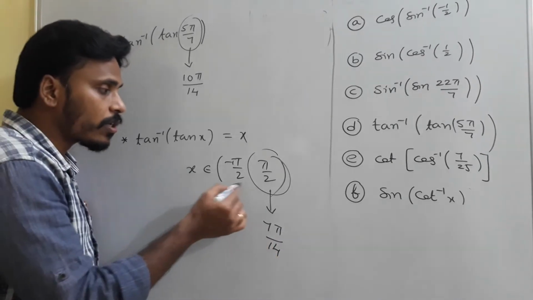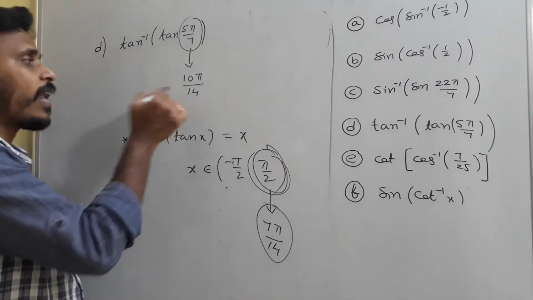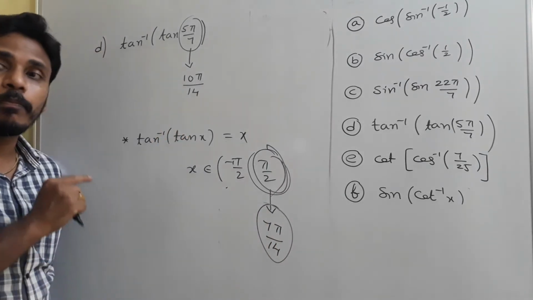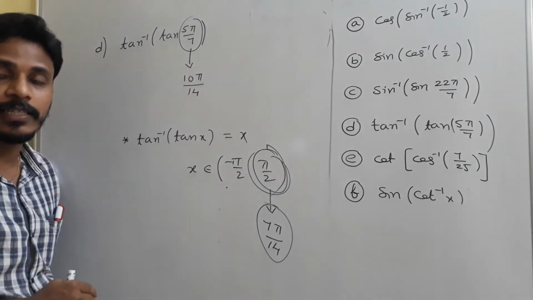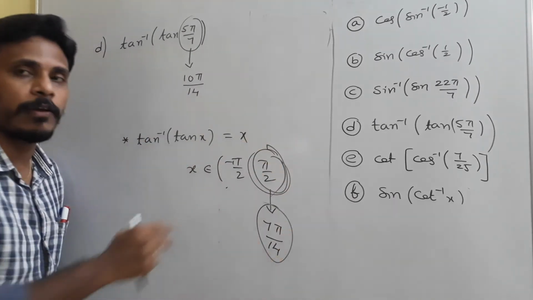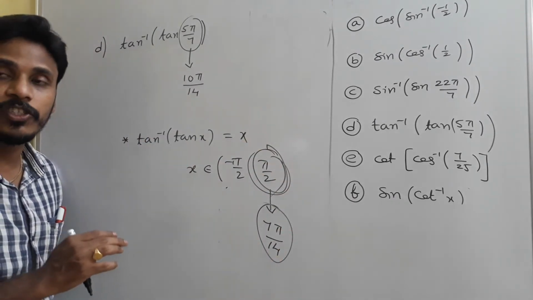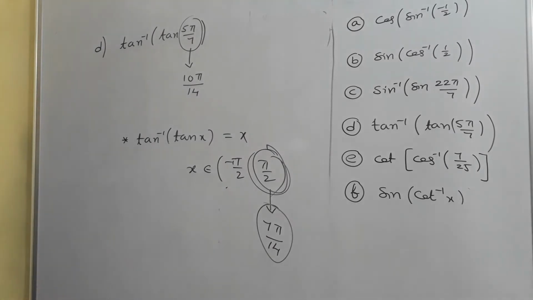So the range is up to pi by 2, meaning up to 7 pi by 14, but the given angle is 10 pi by 14. This angle is out of the given range, after 7 pi by 14. So we don't have any chance to write the answer directly.